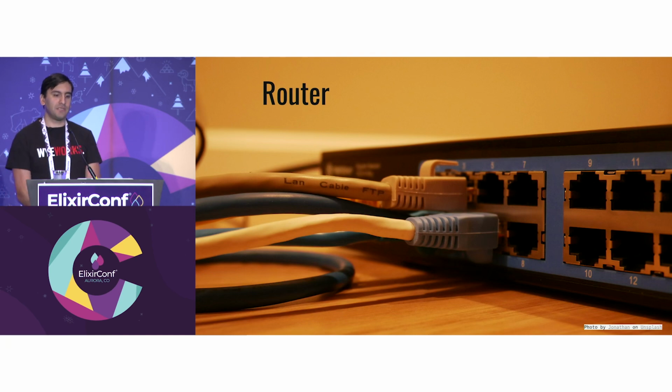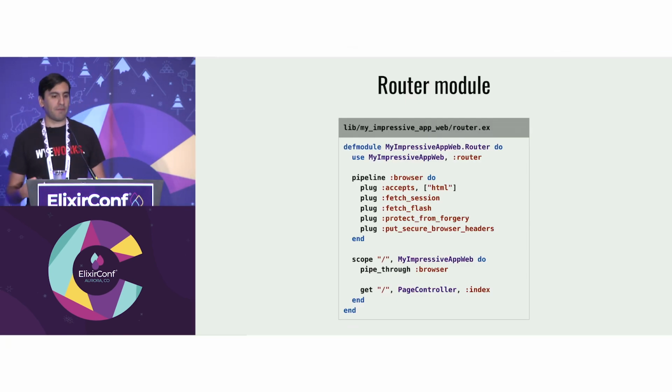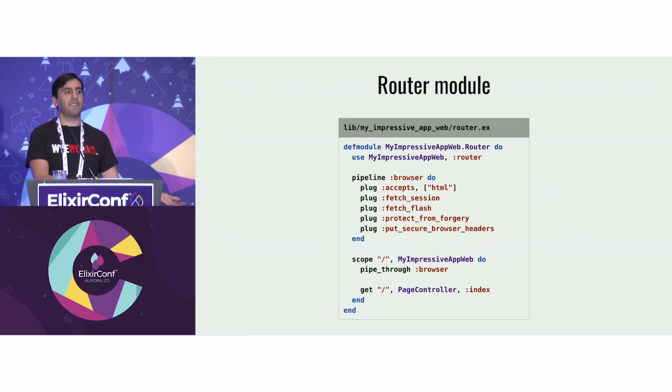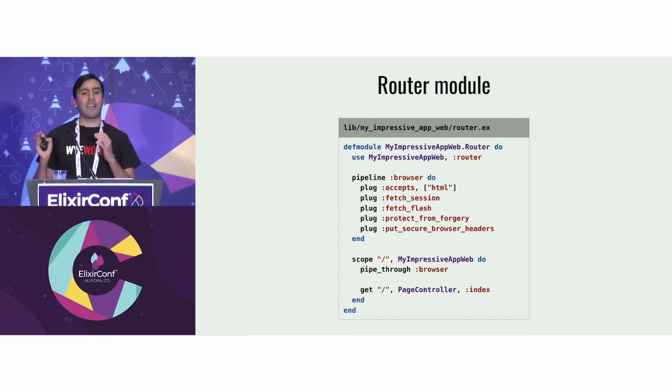And the router, as a plug, internally in the implementation of the call function, I'm not going to show the internal code this time, does something very specific, as every plug does, which you are probably familiar with: it takes the connection struct, identifies the route, and passes the request information to a new plug pipeline.